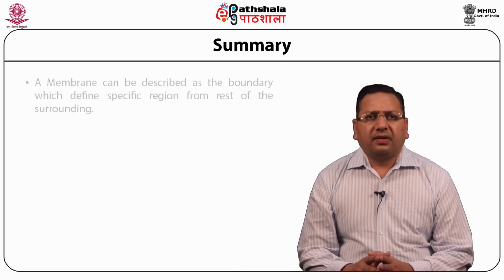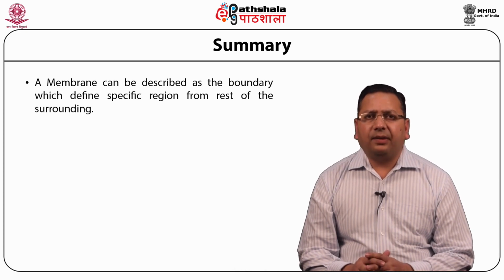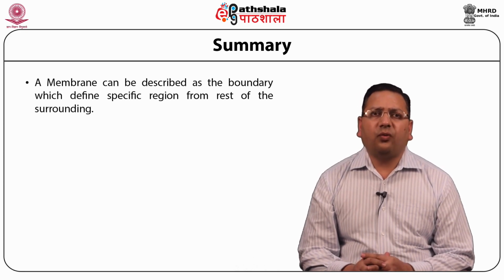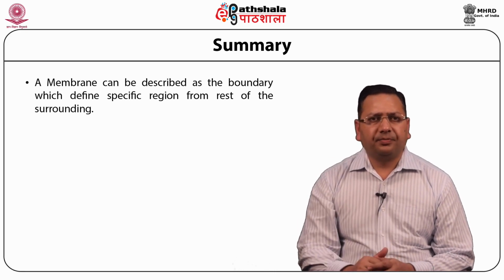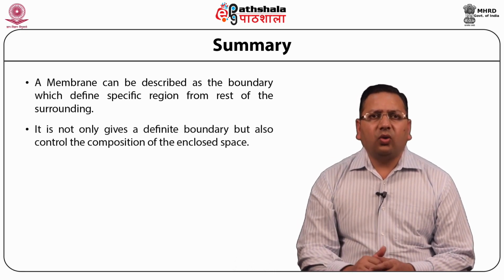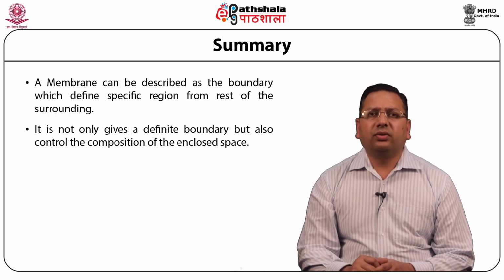So students, let's now summarize what we have learned in this module. A membrane can be described as the boundary which defines a specific region from the rest of the surrounding environment. It not only gives a definite boundary but also controls the composition of the enclosed space.